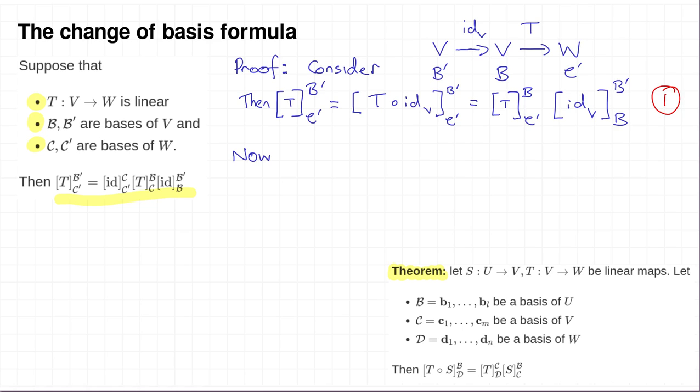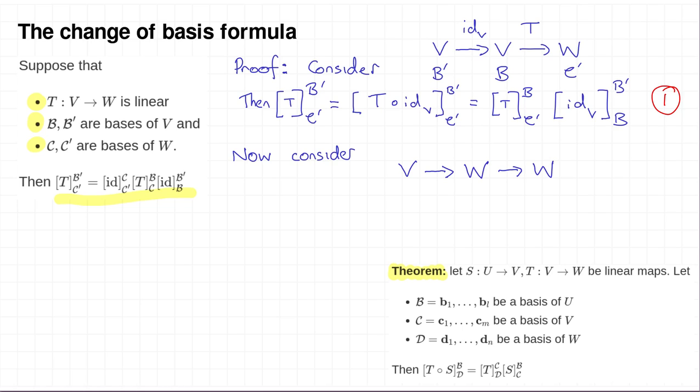So we're now going to consider another composition. This time we will think about a composition of linear maps going from V to W and then to W again.